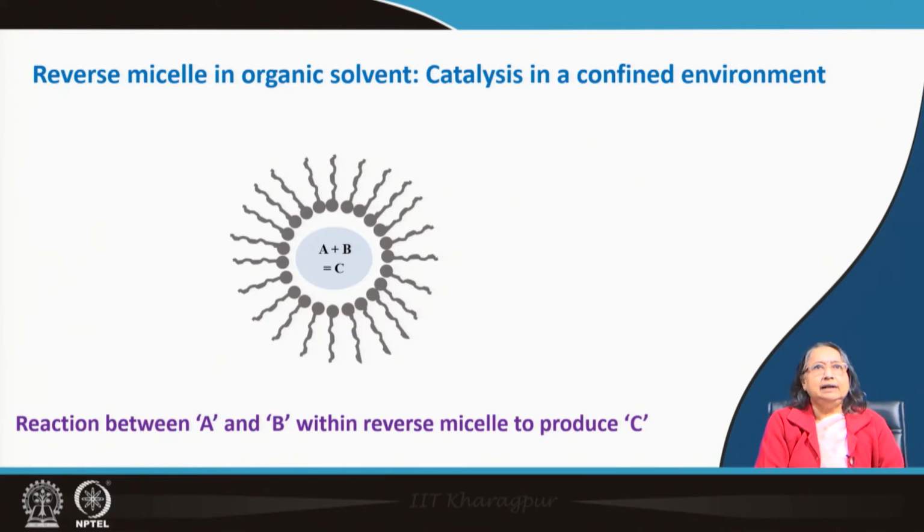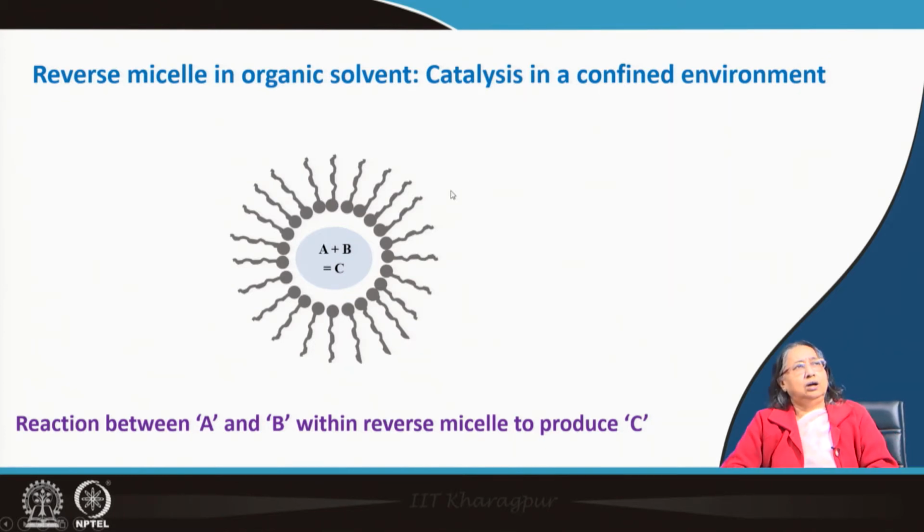You can see here that the head groups, because a little amount of water is there, will be inside the core, facing towards the water, and this is the organic solvent. The carbon ends, because they are hydrophobic, remain towards the organic solvent, because hydrophobic things like hydrophobic things.